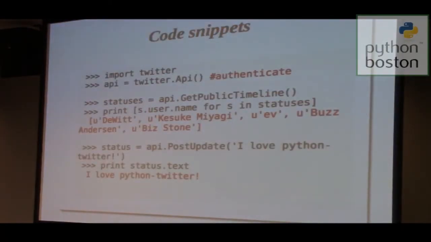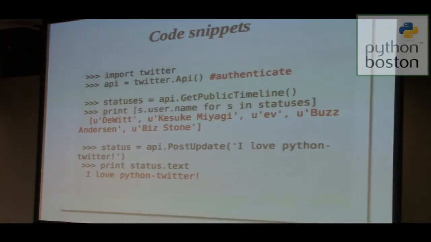Once that is set up, the flow usually looks like the code snippet here. You import the Twitter library, and here is where you provide all those user secrets and the tokens you created, and you get a handle to your Twitter account. You can use some of the common methods.